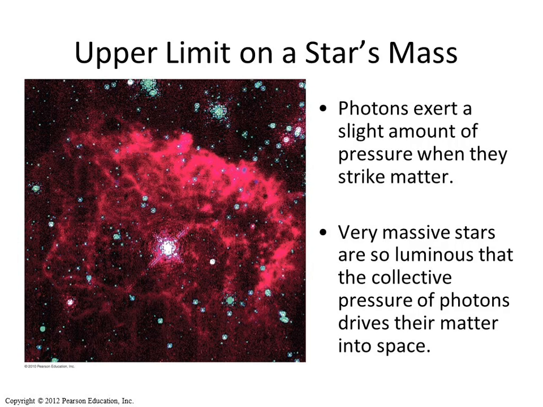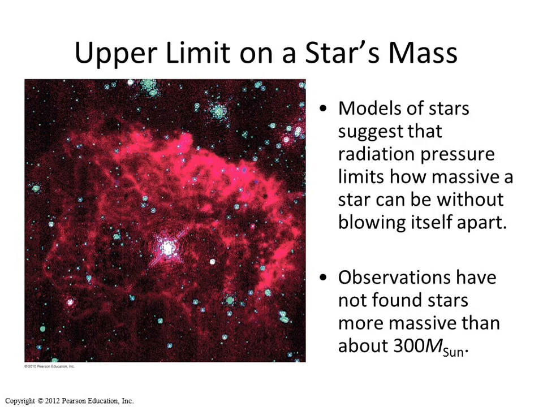It just can't keep its stuff. I said 100 solar masses is the upper limit for the mass of a star. Notice, though, that there are some anomalies; you can get massive stars out there.